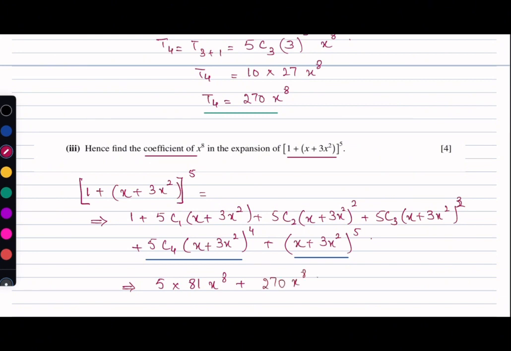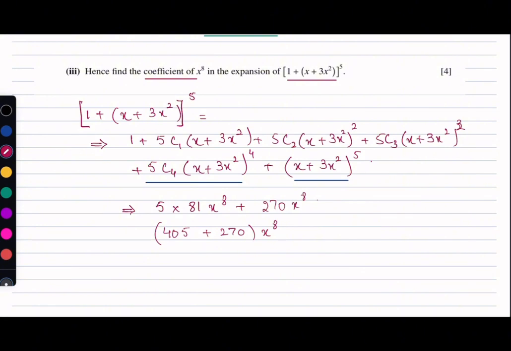So 5 times 81 gives me 405, plus 270, x to the power 8, and my answer then is going to be 675 x to the power 8 here.